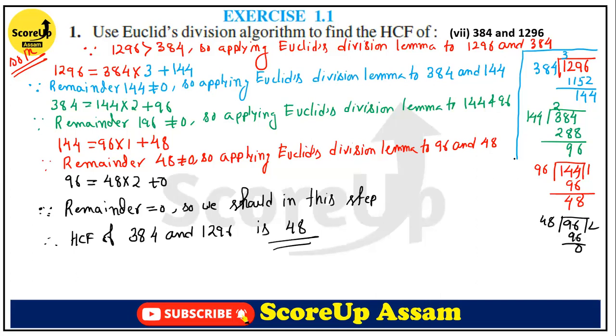If you divide these two numbers by 48, you can see that both numbers are divisible by this. This is the highest common factor of both numbers. So HCF of 384 and 1296 is 48. Now let's move on to the next question.